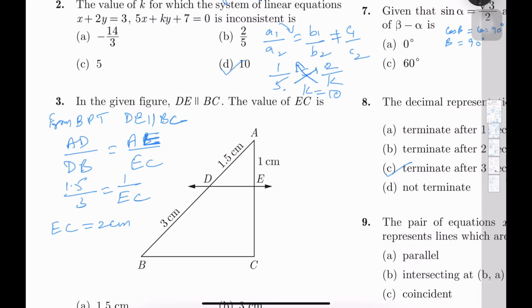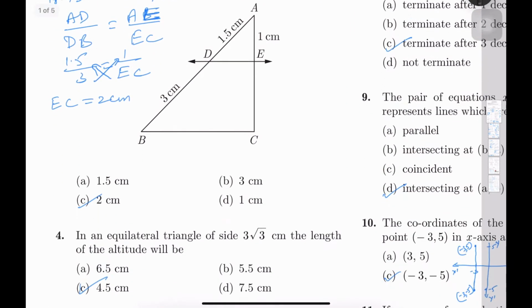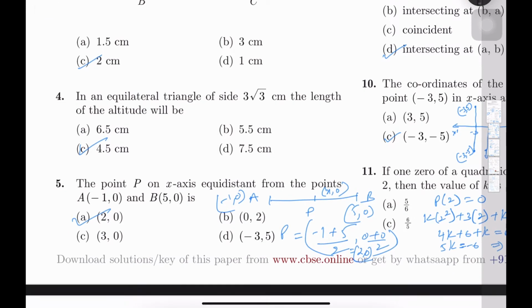You have to check what different values we can put in, and then use those corollaries or the BPT directly. So 1.5 by 3 is equal to 1 by EC. Cross multiplying, EC into 1.5 is equal to 3. So EC is equal to 3 by 1.5, that is nothing but 2. So the answer is 2 for the third one, and you tick C as the correct answer.